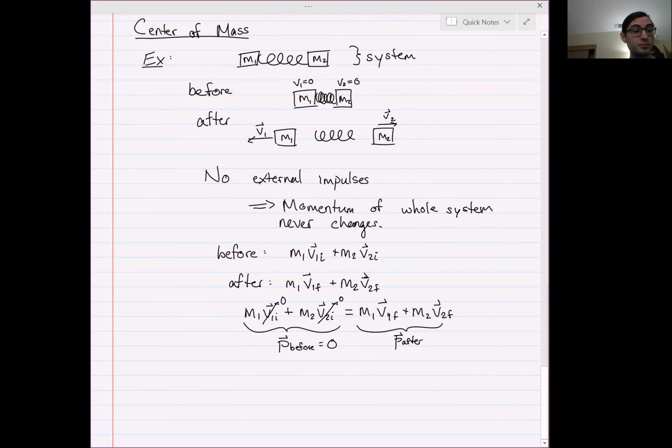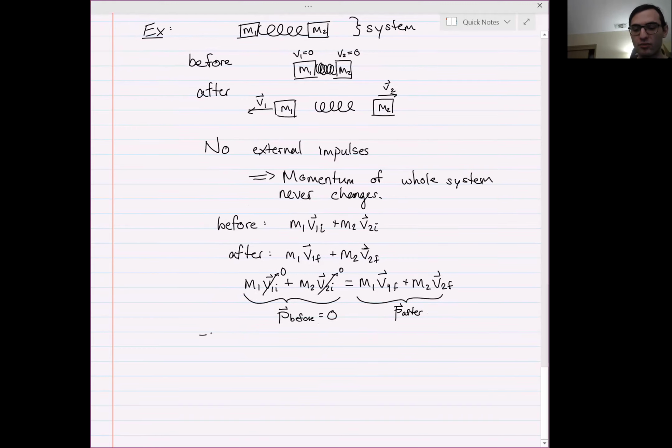Now, what we can establish from this equation is that the smaller of these masses should move faster. And I think that probably aligns with your intuition.